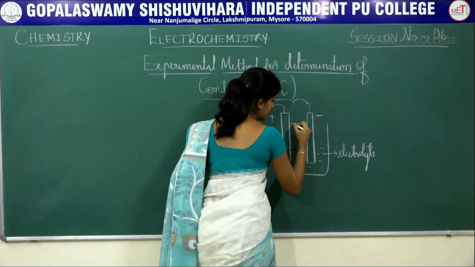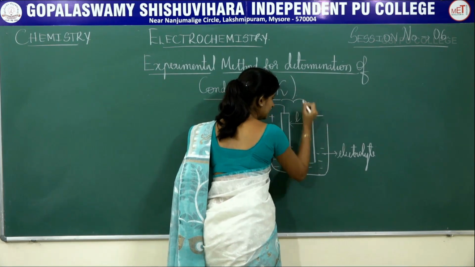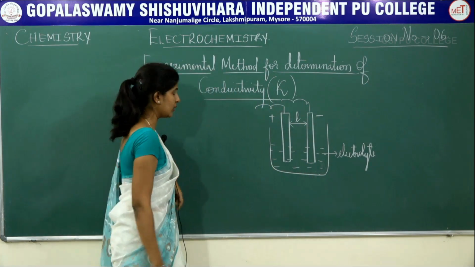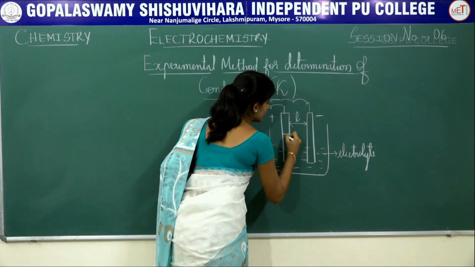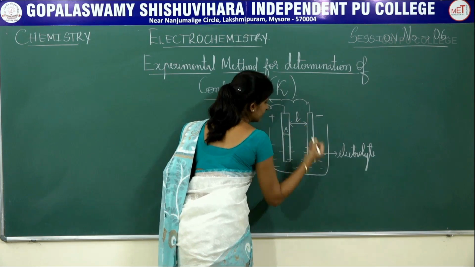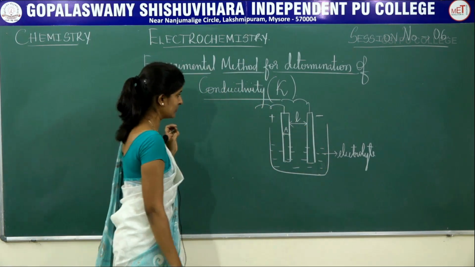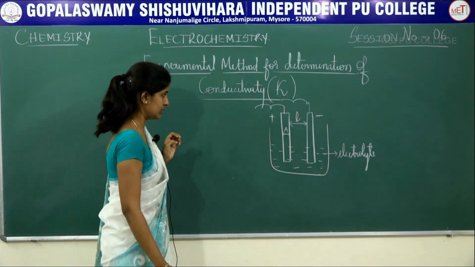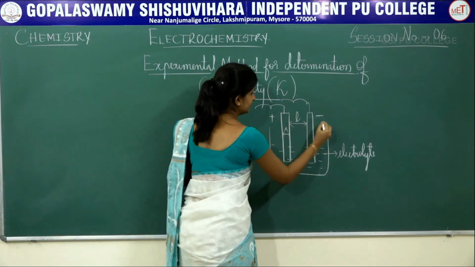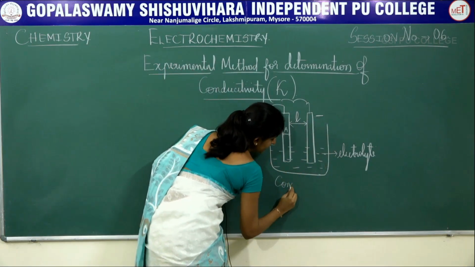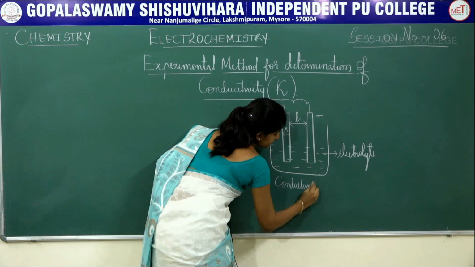The distance between these two electrodes is L, and the area of cross section of the electrode is A. So L by A is your cell constant. This is your conductivity cell.